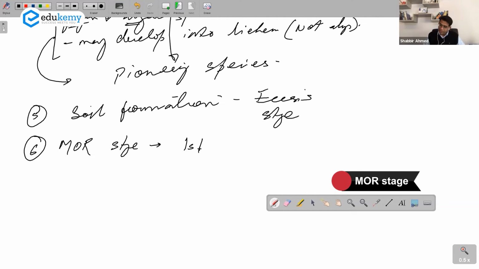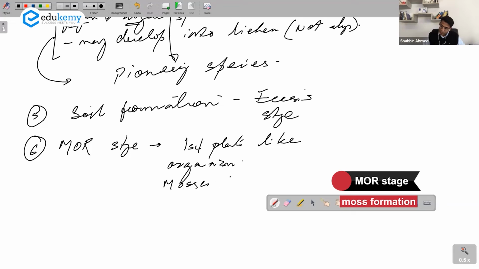The first plant-like organisms, such as mosses, form. The moss is not a true plant. They look like plants, but they're not really plants.